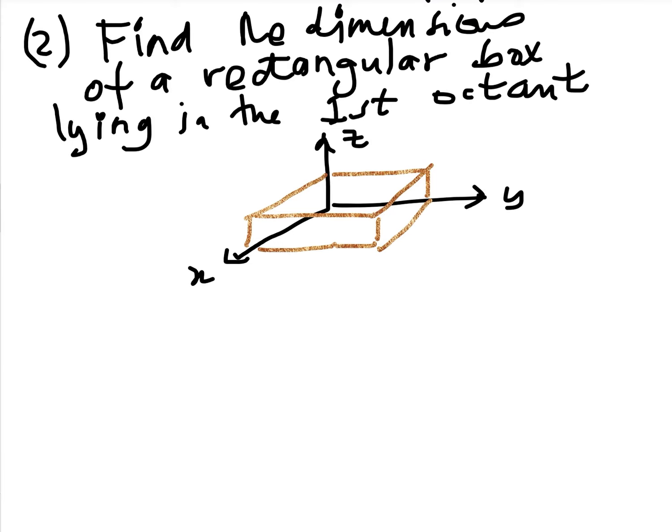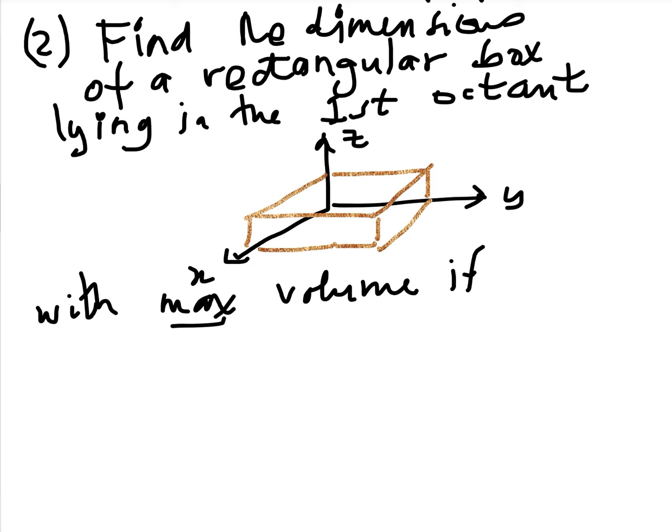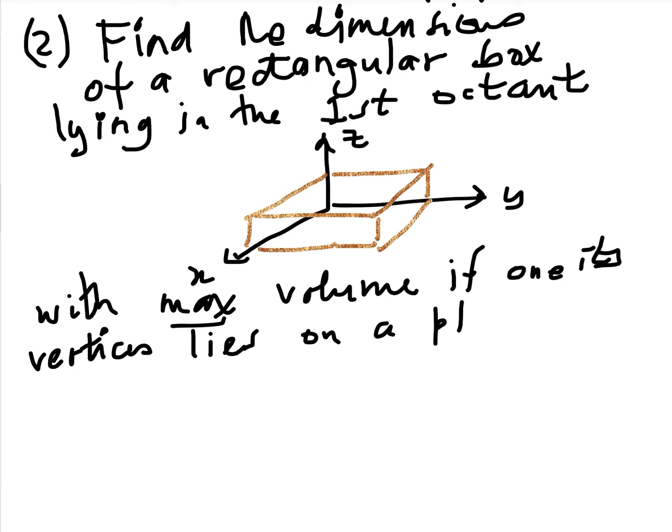So we want to maximize the volume, if one of its vertices lies on a plane, and the equation of the plane here is 6x plus 3y plus 2z equals 18.